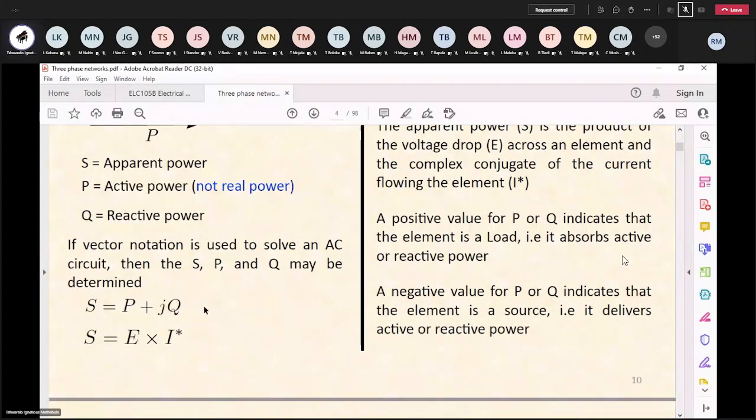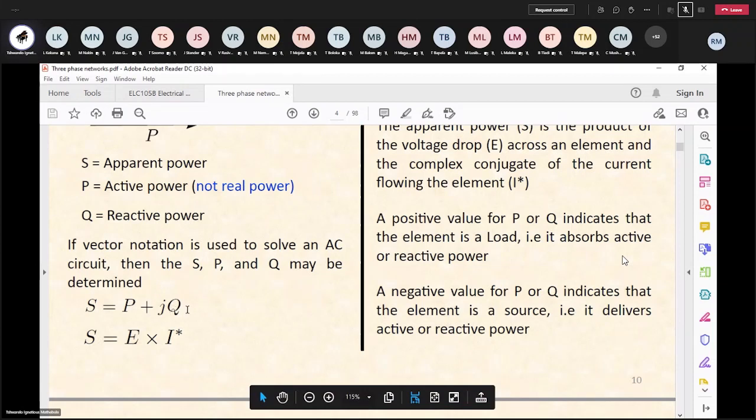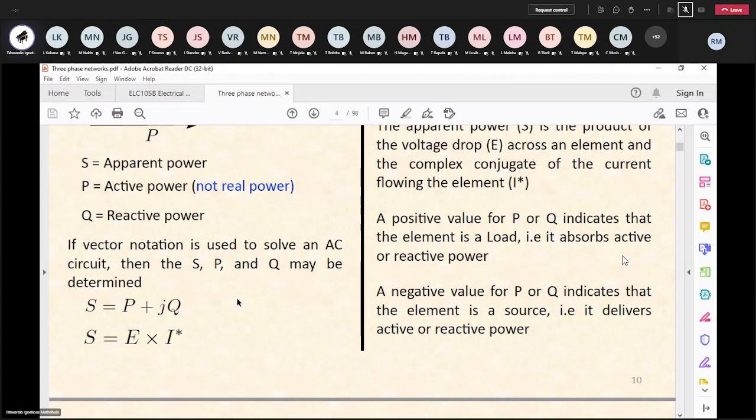Now, what is also important is in your representation of the apparent power, you write it as P plus jQ if, of course, in your circuit you have got a combination of resistors and inductors. If you have got a combination of resistors and capacitors, this would most appropriately be P minus jQ, and that minus jQ would tell us that you are working with a predominantly capacitive load.